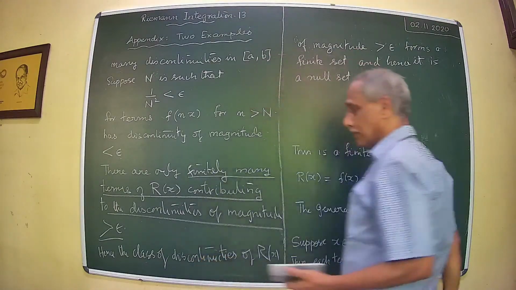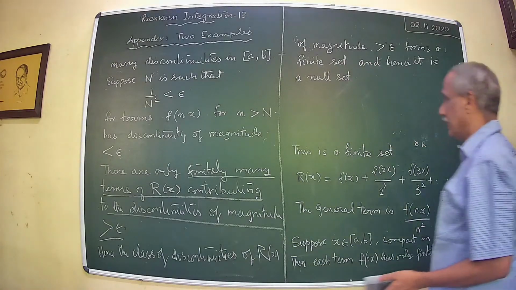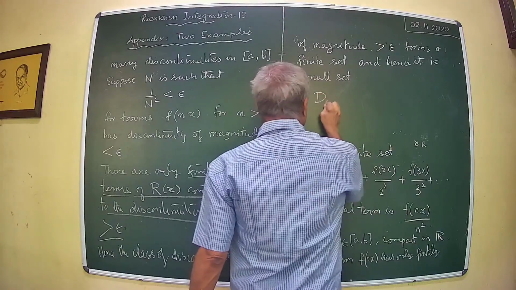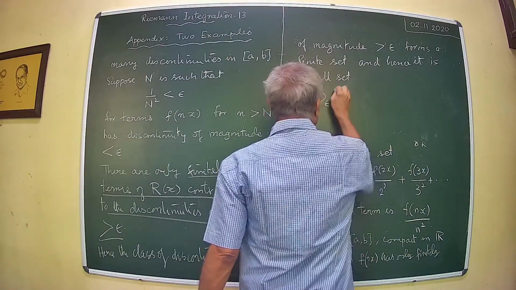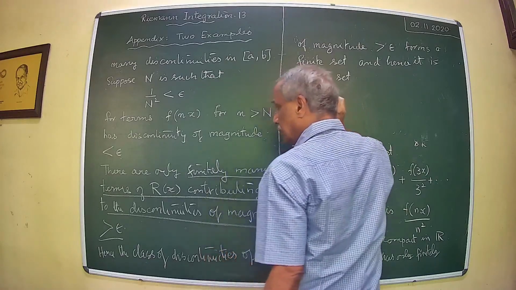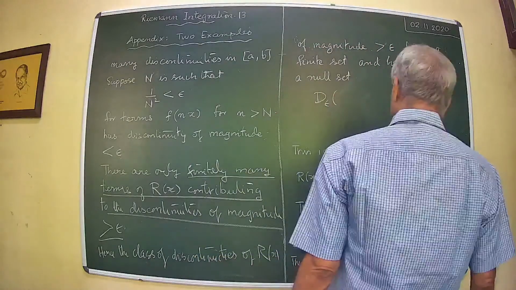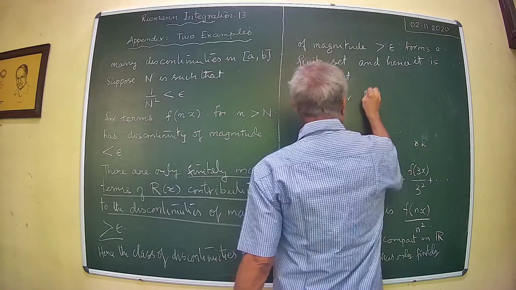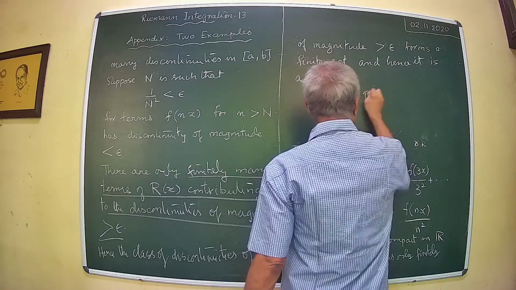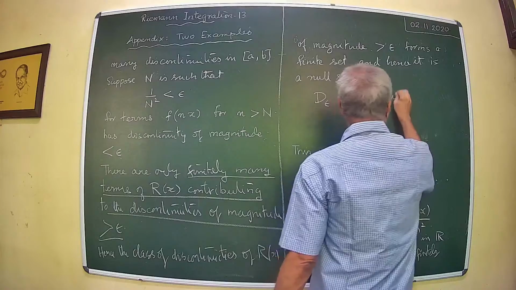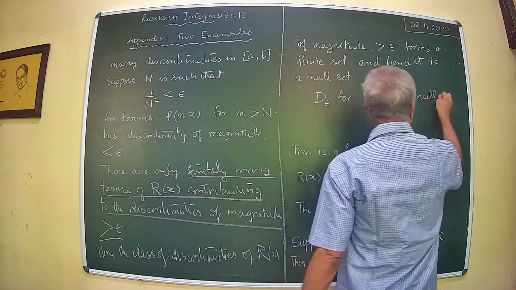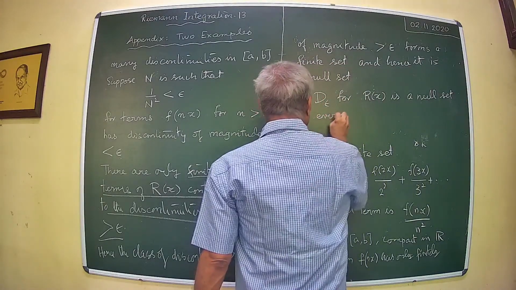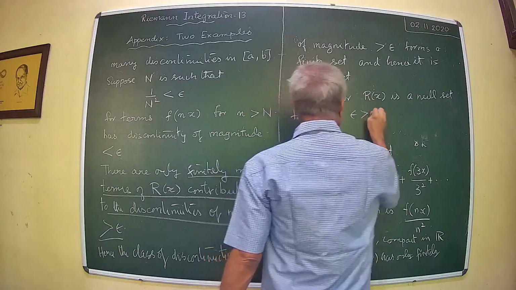You recall the definition of null set. That means D epsilon for the function R is a null set for every epsilon.